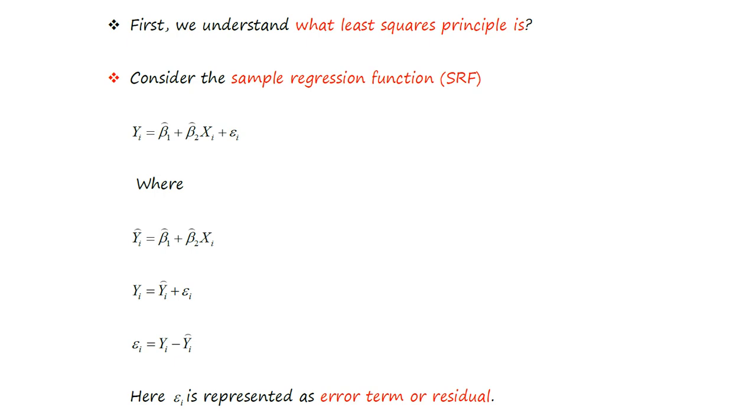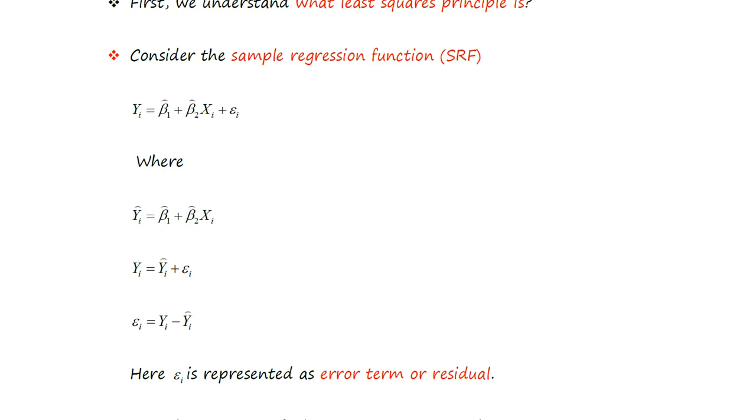Consider the sample regression function, which is represented by the equation yi is equal to beta 1 cap plus beta 2 cap xi plus error term. Y is the dependent variable, xi is the independent variable, beta 1 cap is the intercept, beta 2 cap is the slope of the line, and epsilon i is the error term or residuals.